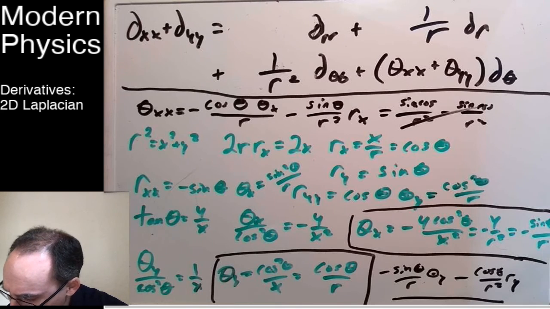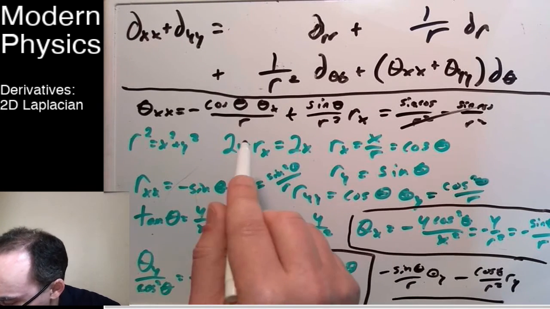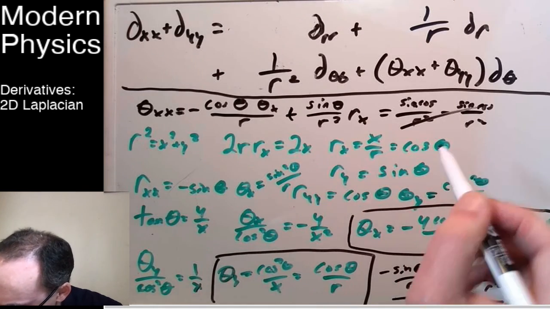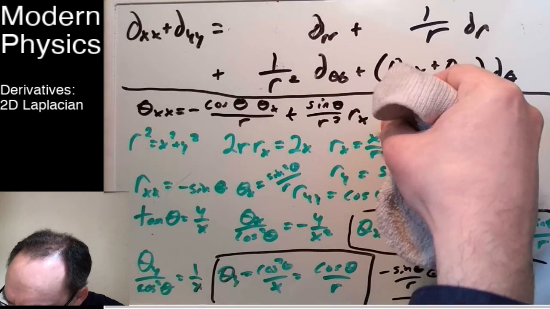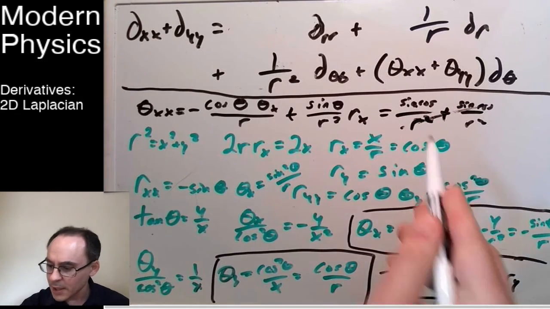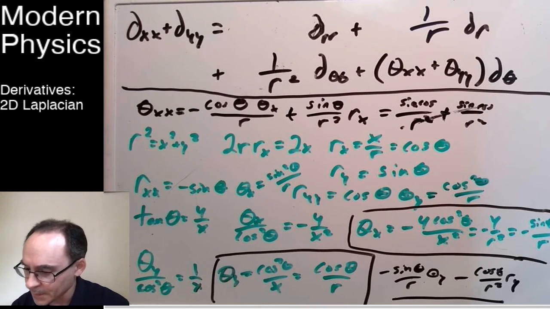When I take the derivative there, I'm getting a minus sign because the thing is negative to begin with, but then when I take the derivative of 1 over r, it becomes positive again. So that should be a positive term, actually. And then sine theta over rx, everything else I think was good. So yeah, this should be a plus sign. So individually, the terms are not 0, but one is plus 2 sine cosine over r squared. The other is minus 2 sine cosine over r squared. They cancel, and this term goes away.